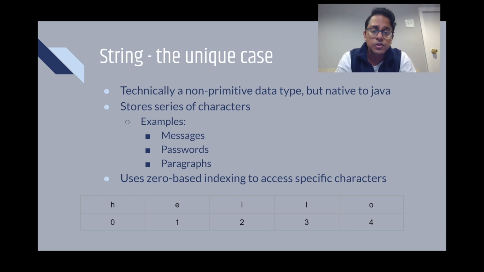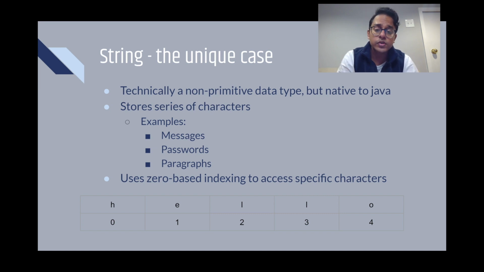By the technical sense, you can memorize the fact that it's a non-primitive data type, but we'll really go into more depth on why exactly that's crucial later on. For now, I just want you to know that a string essentially stores a series of characters.